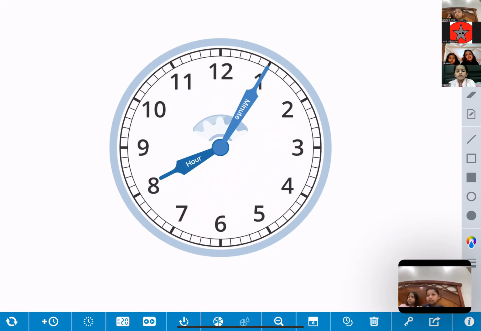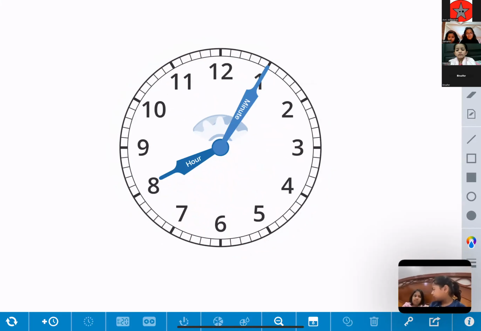So this is actually the table of 5. 1 is actually 5, 2 is 10, 3 is 15, 4 is 20. I just want to use my, I can write. So this is going to be very easy now, okay? So 1 is actually 5 minutes, 2 is 10.